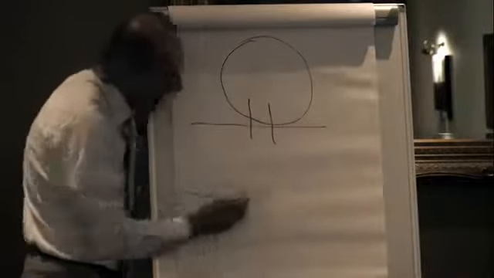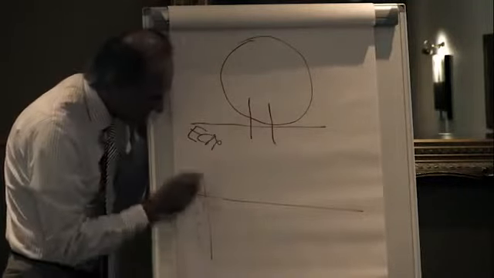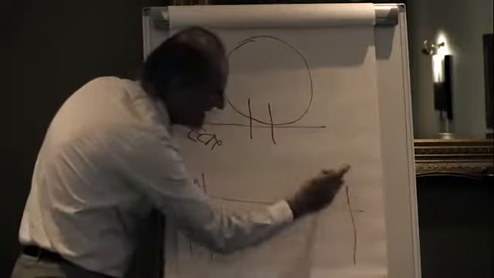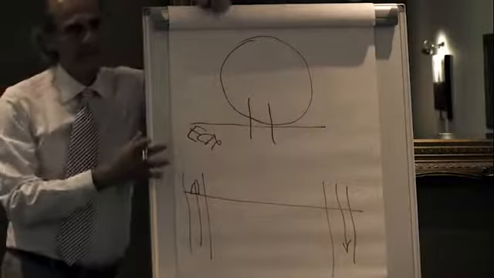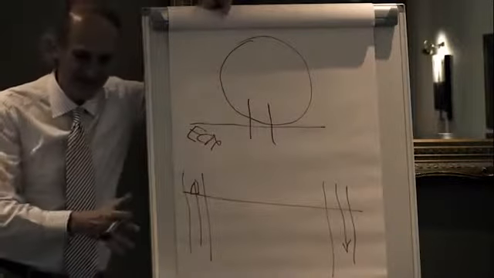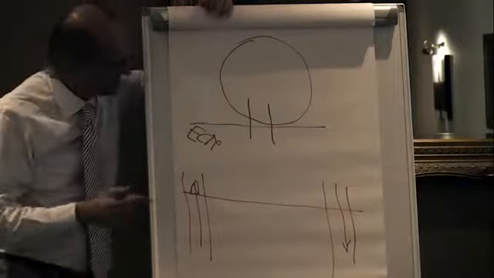This is the extracellular matrix. This is a blood capillary. This is a lymphatic capillary. In other words, I made the microcosm of the body that is the macrocosm.